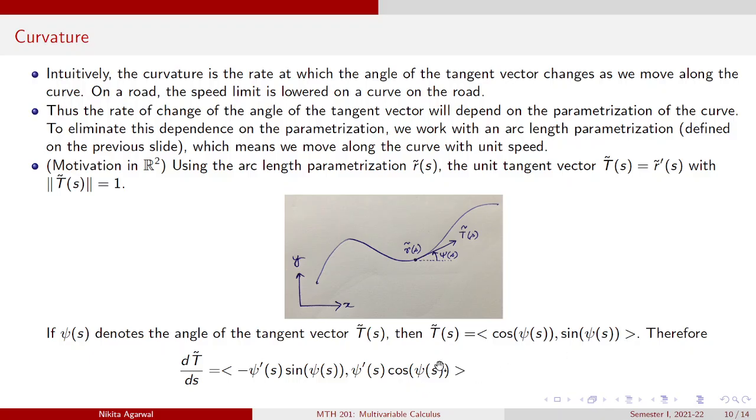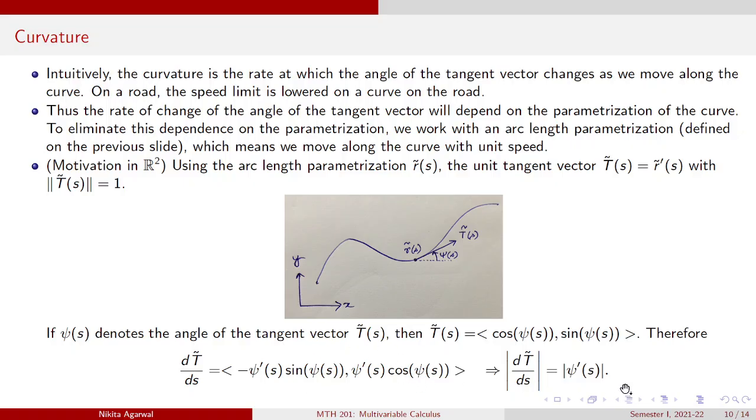If you differentiate this vector with respect to s, using the chain rule, you get (minus psi prime(s) sin psi(s), psi prime(s) cos psi(s)). When you take the norm of this, it comes out to be the modulus of psi prime(s), which is the square root of the sum of squares of these two terms.